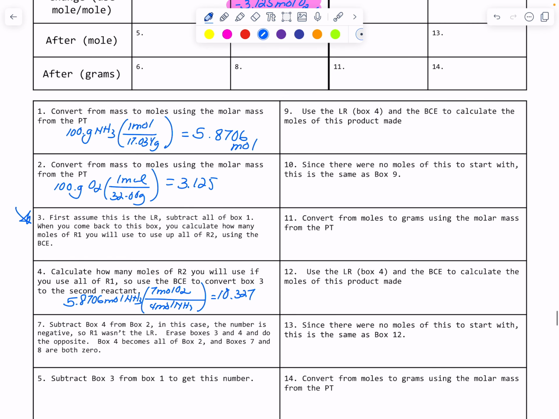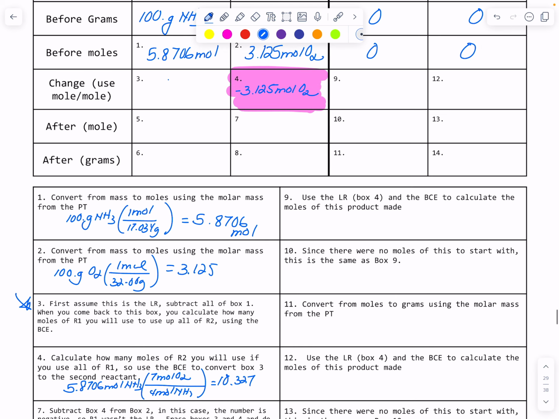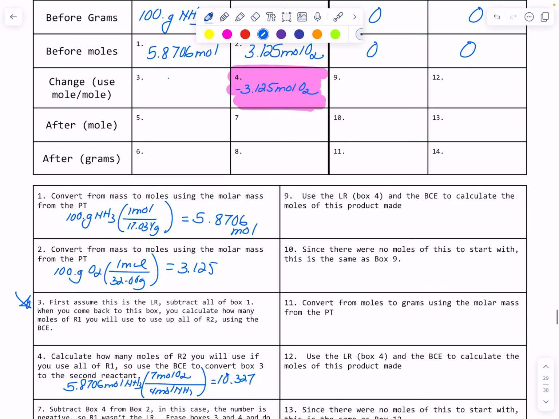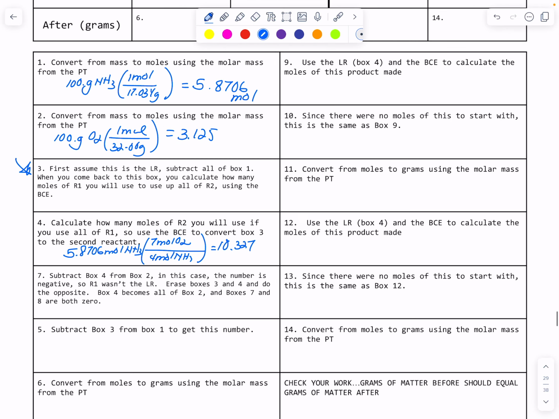So I come back and figure out how much ammonia I am going to use when I use up all my 3.125 moles of oxygen. I use 7 moles of oxygen for every 4 moles of ammonia.